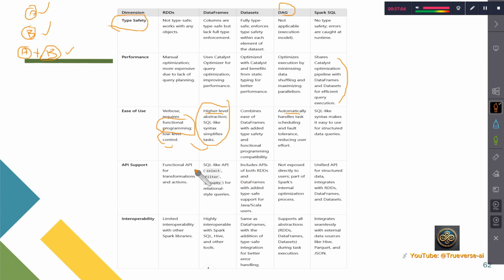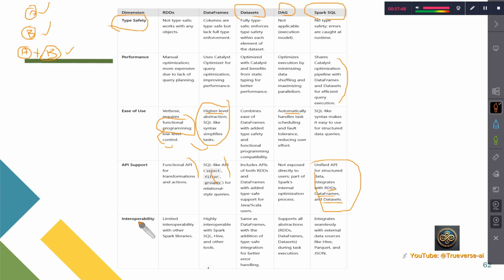This is both advantages of functional and SQL for the dataset. DAG is not exposed directly to the user, it is part of Spark's internal optimization process, using the graph phase. So this is a unified API for structured data, integrating with the RDD, DataFrame, and Dataset. So these three advantages for API support come to Spark SQL.